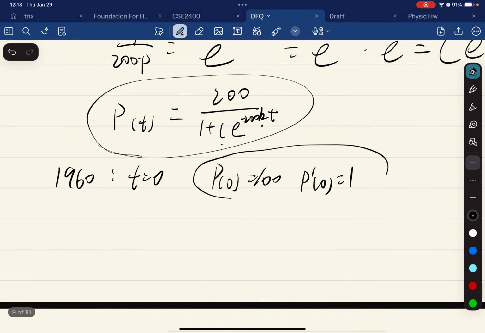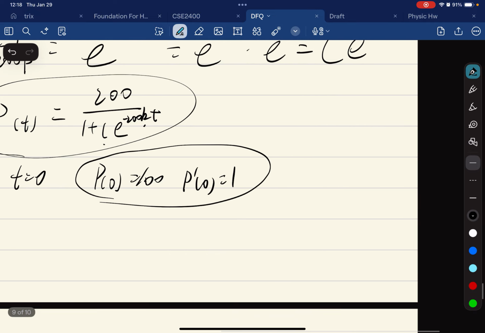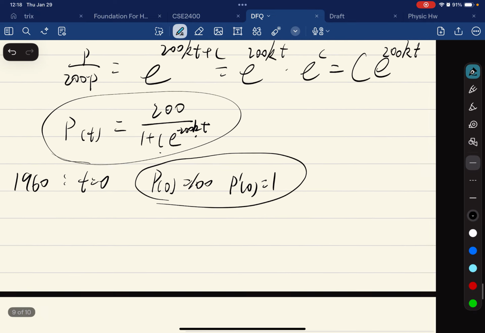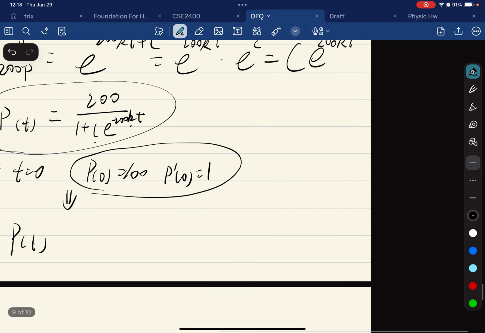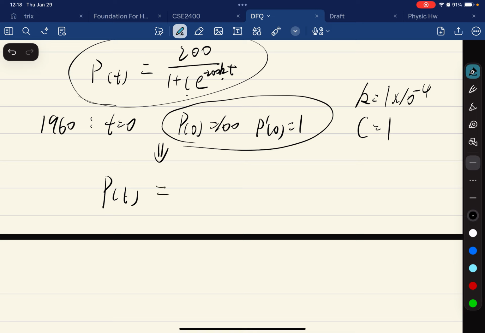Based on these two equations, we can solve for the values of k and C. The value of k is equal to 10 to the power of minus 4, and the value of C is 1. Then this function can be rewritten as P equals 200 over (1 plus e to the power of minus 0.02t).